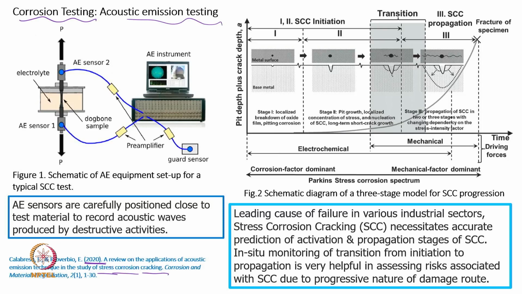The word stress corrosion cracking means cracking or fracture, and in stress corrosion cracking there is always an initiation phase. There will always be some surface roughness or a dent on the surface that can act as an initiation.